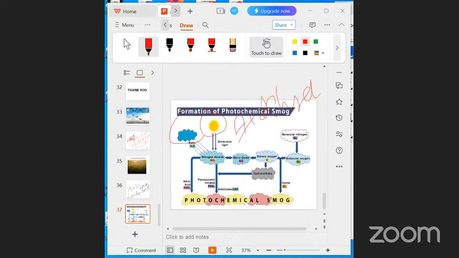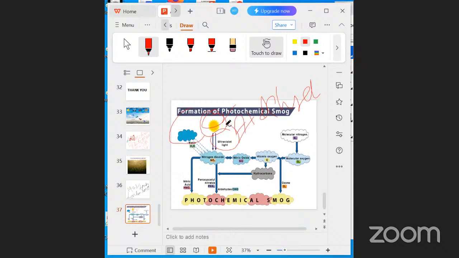When these primary pollutants are exposed to the sun's ultraviolet radiation, NO2 goes through a series of complex reactions with hydrocarbons to form more secondary pollutants such as ozone, peroxyacetyl nitrate, nitric acid, and aldehydes, and others.